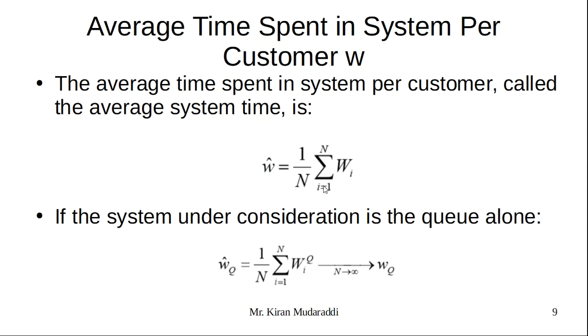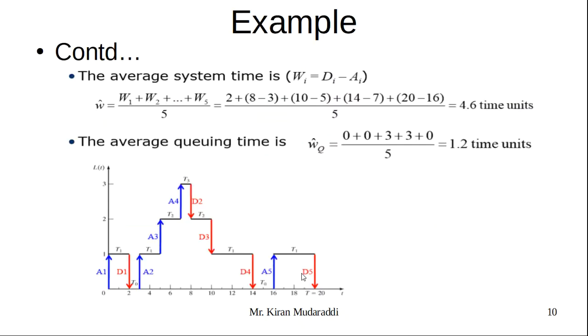W is 1 divided by n, summation of i equals 1 to n of Wi, and WQ is 1 divided by n, summation of i equals 1 to n of Wi raised to Q. So here, understand, this is the given problem statement, and the graph is given. W is equal to W1 plus W2 up to W5 divided by 5, the total number of customers. So it is very easy to calculate W1, that is 2.